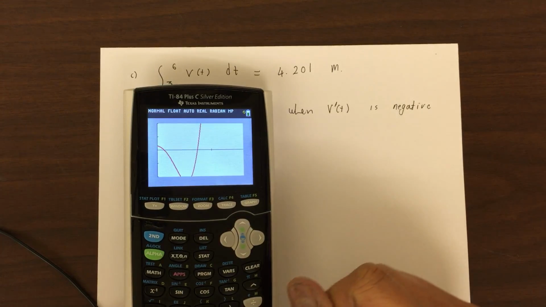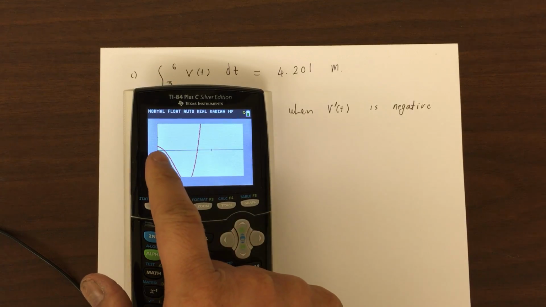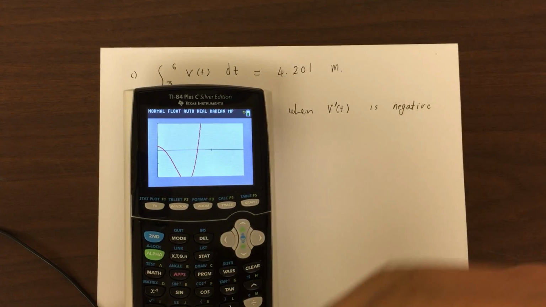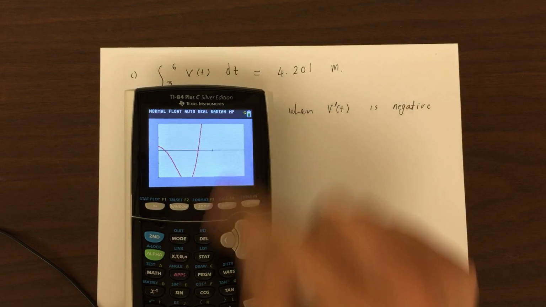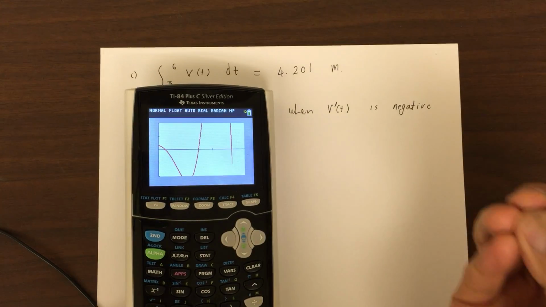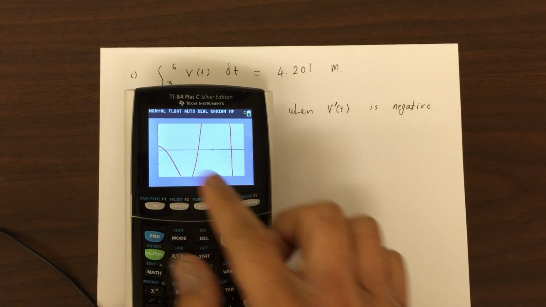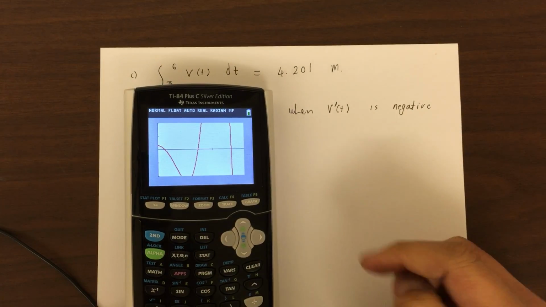Now we need to find the zeros for that point, and that tells us where the speed is decreasing. So we need to wait until that circle is done. It takes time to graph this function. This is from 0 to 8. It is still graphing, and now it's done.